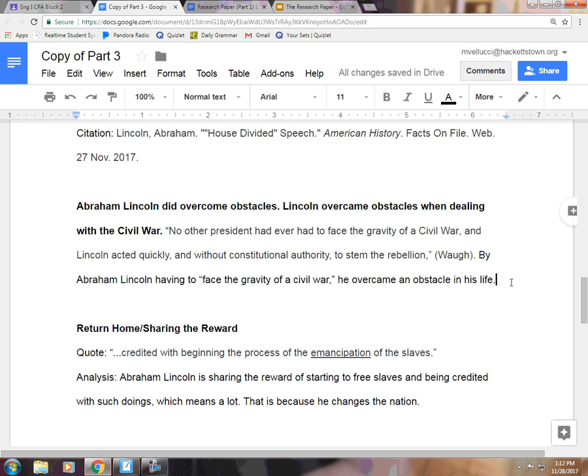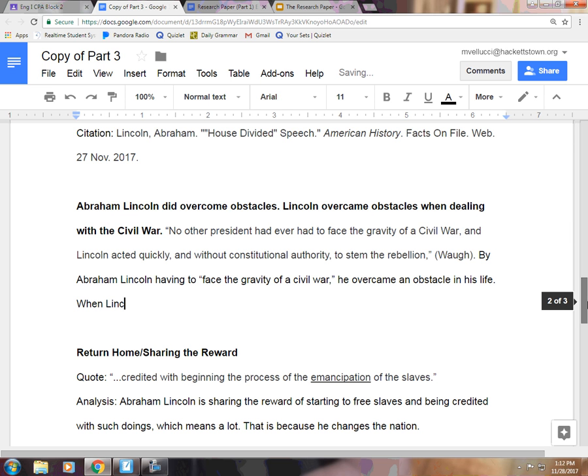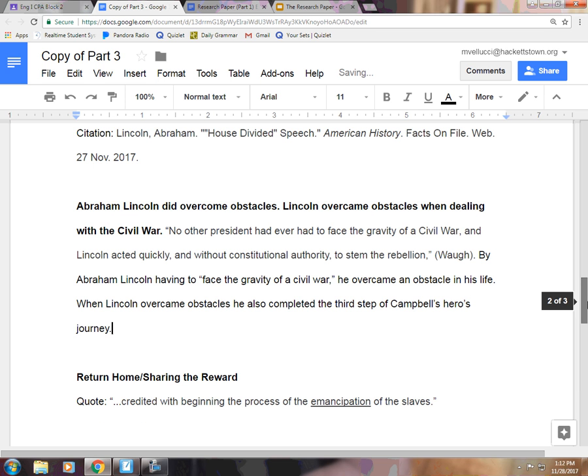So we can now come down here, we've already proved that he overcame obstacles. So we can refer to that and say, when Lincoln overcame obstacles, he also completed the third step of Campbell's hero's journey.